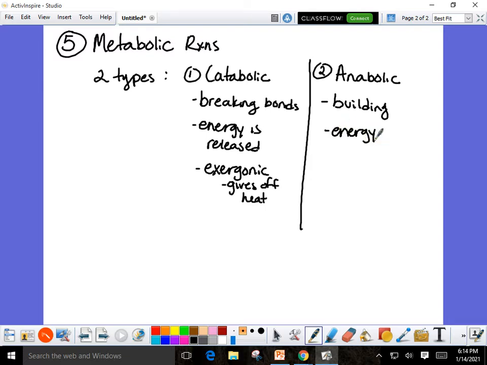So they refer to it as energy absorbing, because energy is stored in the chemical bonds of a molecule. And we can call it endergonic. And what that means is it absorbs heat, which makes it feel cold.